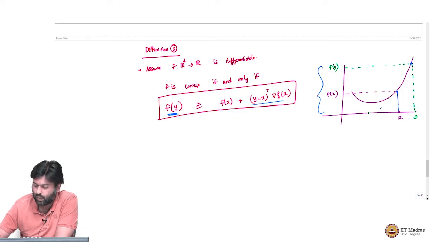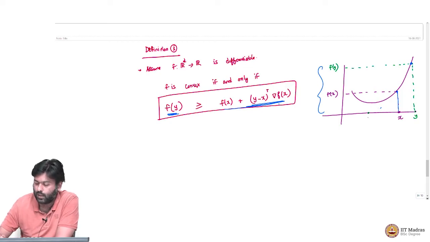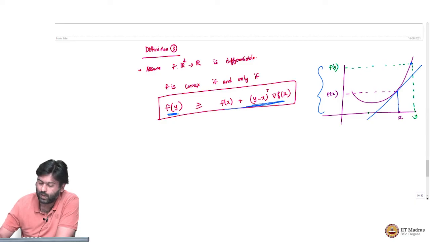So, if you think of x as fixed and as a function of y, if you plot this, it is going to look like this, and if you ask what is the value at a particular y that we have, that value is going to be here.